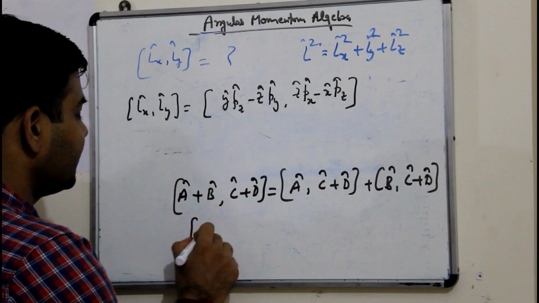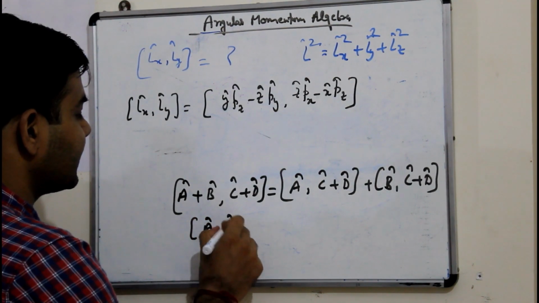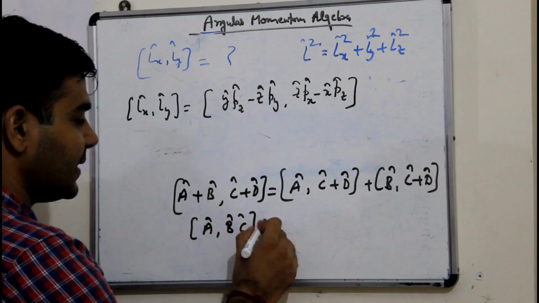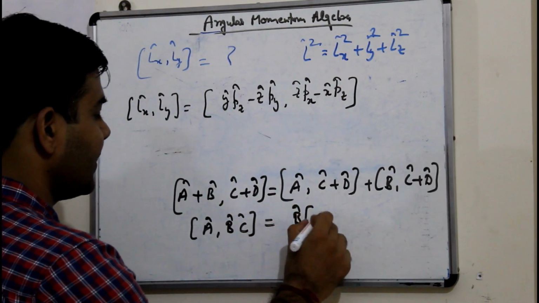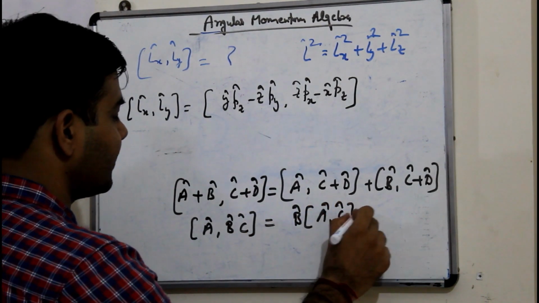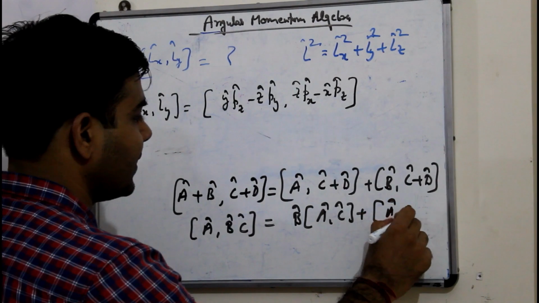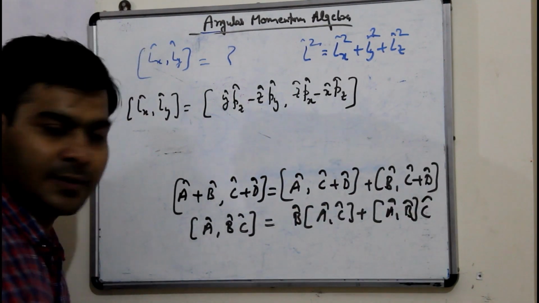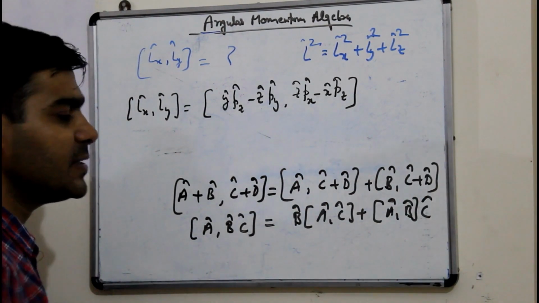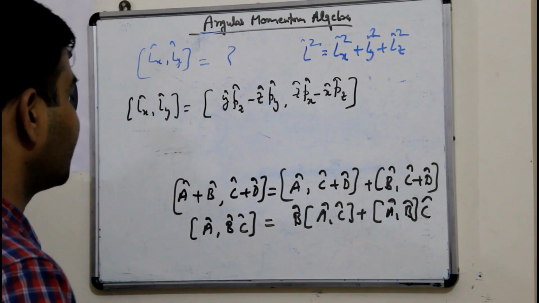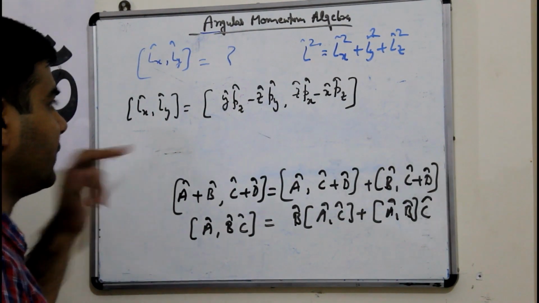We also know that a hat comma b hat c hat is equal to b hat times a hat comma c hat plus a hat comma b hat times c hat. Keeping these rules of commutator algebra in mind, we'll solve this commutator.